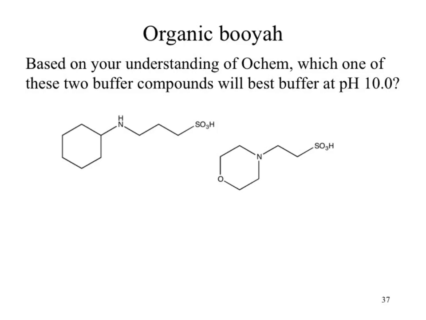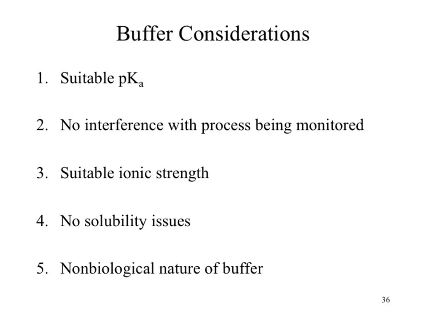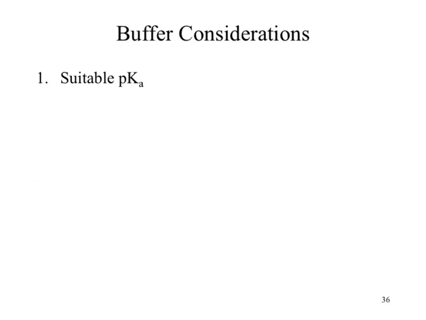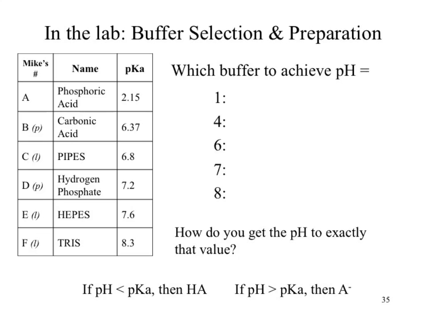Okay. So the easy way to do this would have been what? How did we decide which buffer to achieve those pHs? With the pKas. We looked at the pKa's.